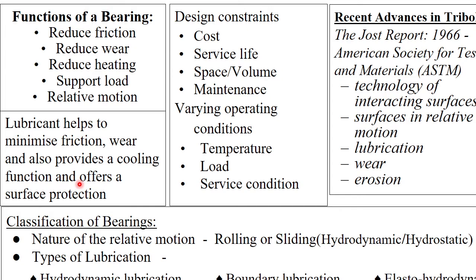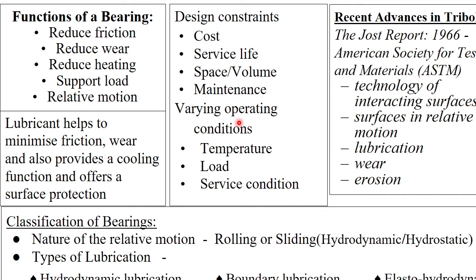Now in your design of bearings, these are the constraints which you have already encountered. Those are the cost, the service life, the space or volume requirement of that particular bearing, then the maintenance for the bearing, and this again becomes more complicated due to the operating conditions, which are beyond your control.